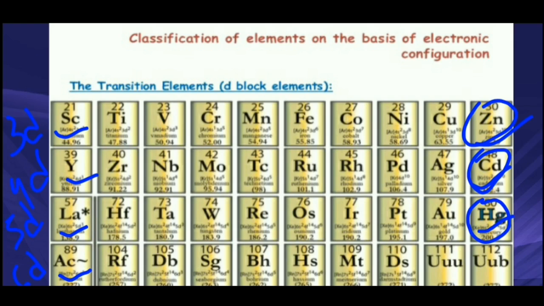But here the d orbitals of all these elements are completely filled, so these elements do not show the properties of d block elements, but since the last electron enters the d orbital, these elements are placed in the d block.